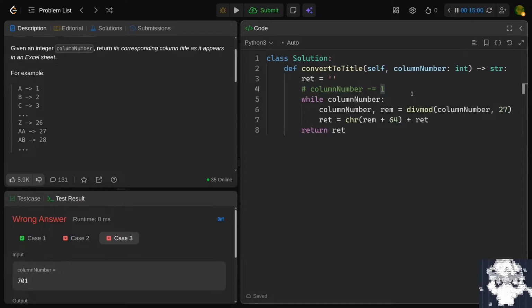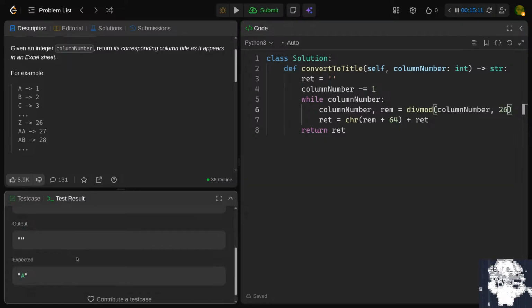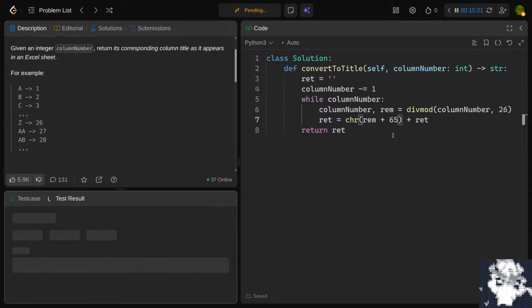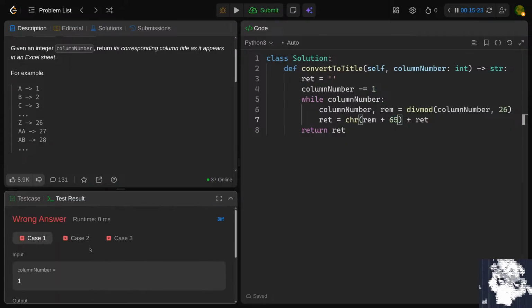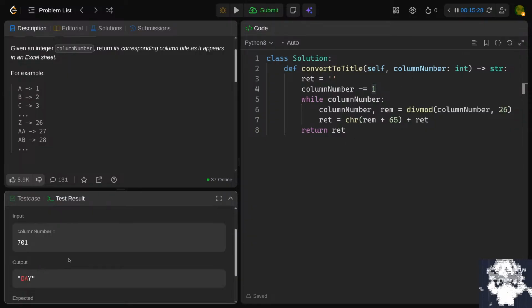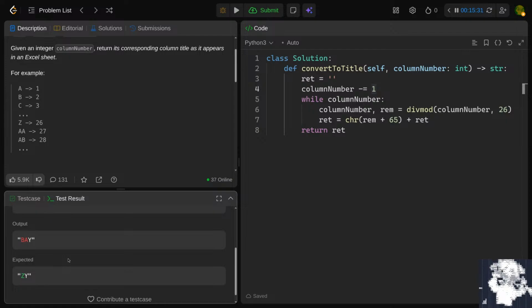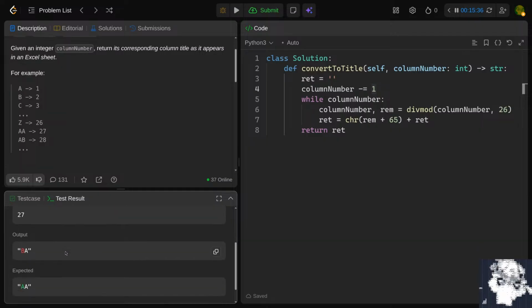Oh my god, how is this so hard that I've already taken 15 minutes just trying to take a number mod 26. So whenever it's 0, I'm screwing up.